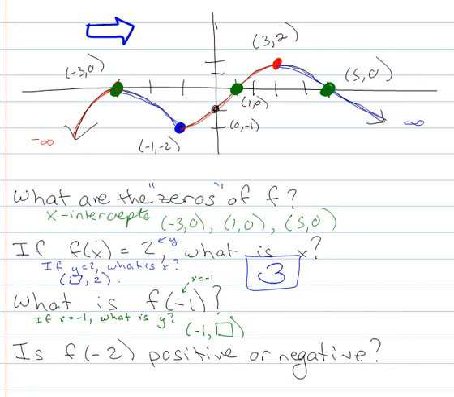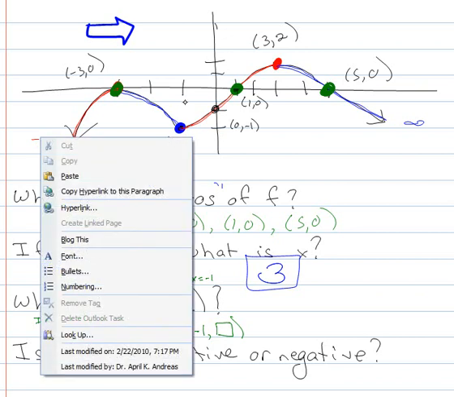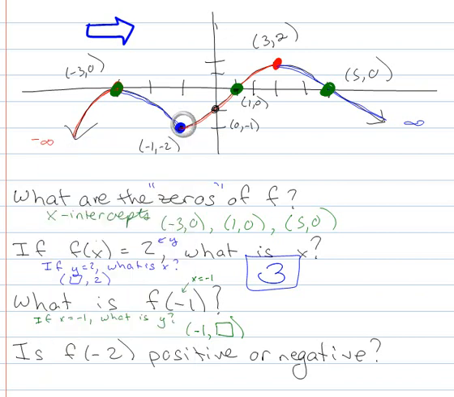So if x is -1, what is y? We'll go in here and look and say, okay, well, where is the -1? So when x is -1, y is -2. So that's our answer.